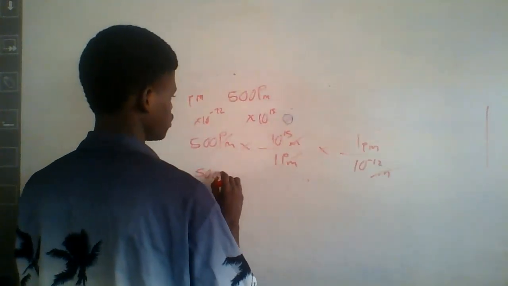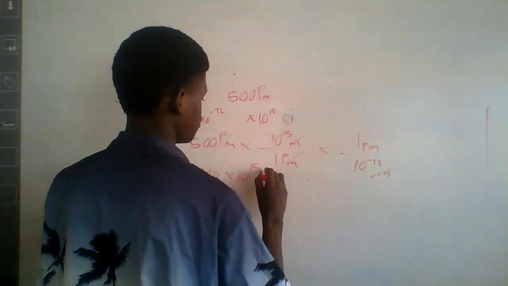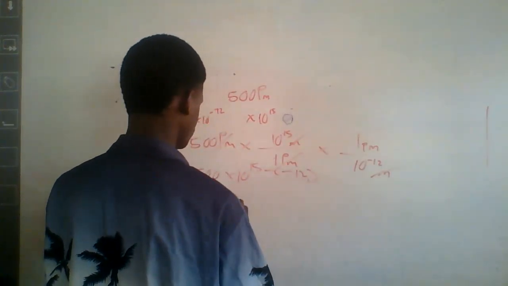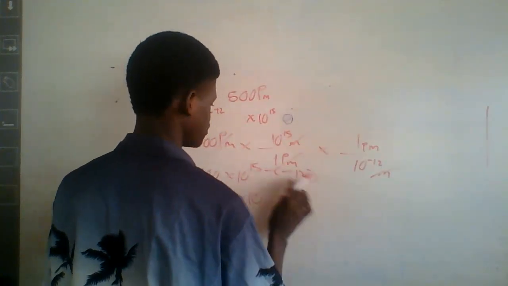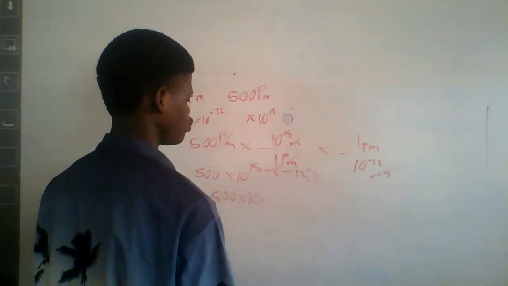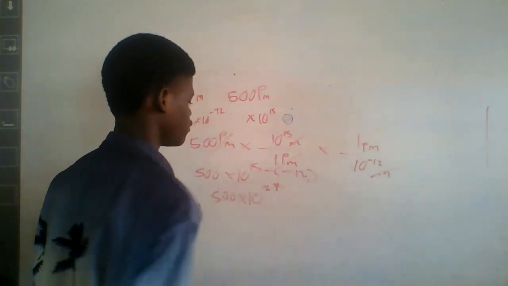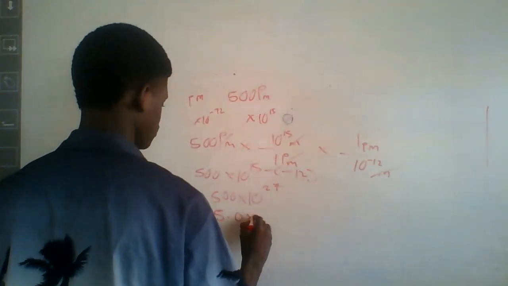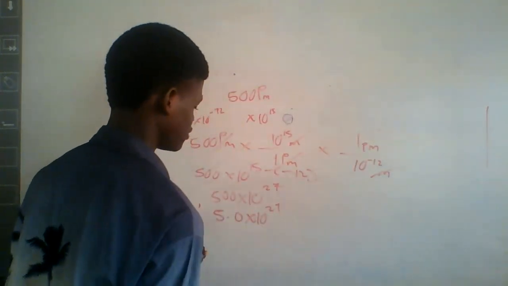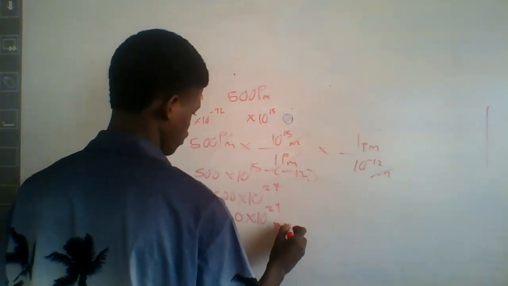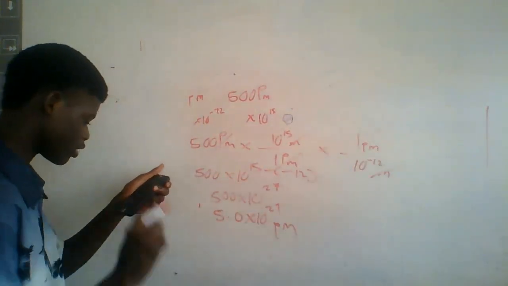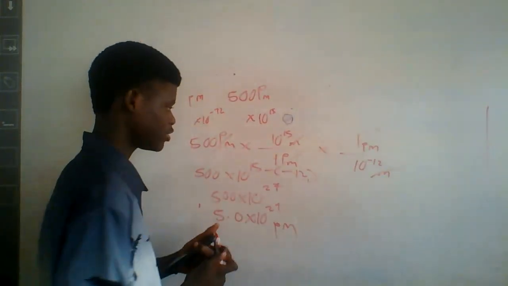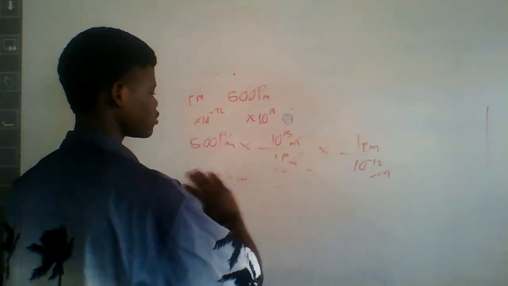That's 500 times 10 to the power 15 plus 12, that's 27. So doing this, we have 500 times 10 raised to the power 27 pm. And that's option B. There's a video I uploaded on this, so just a bonus.